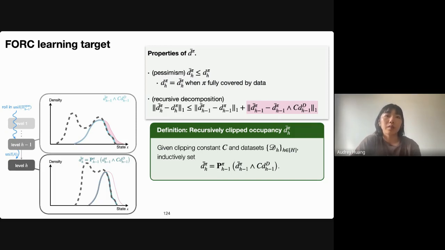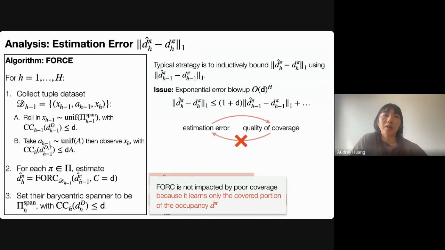So basically, when unrolled, this decomposition implies that the total mass that's been lost will accumulate additively over time steps.